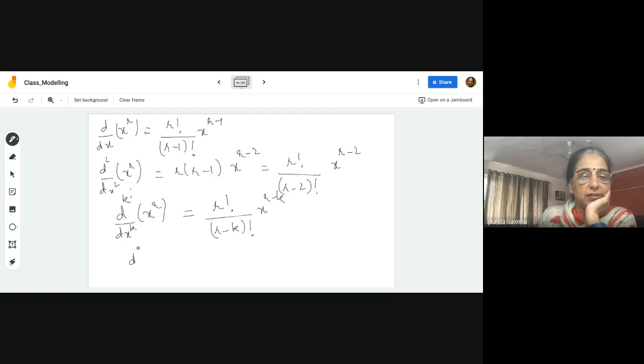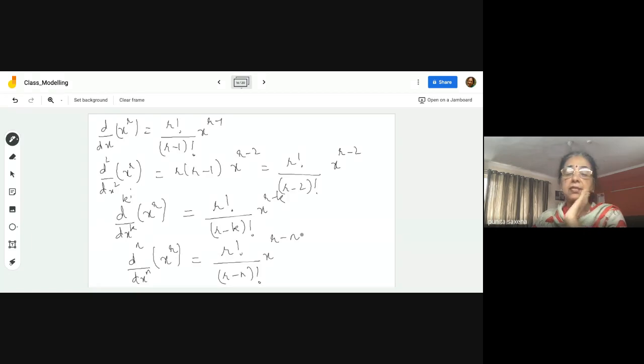And in general, the nth derivative of x to the power r is r factorial upon r minus n factorial into x to the power r minus n. Is it okay or not?